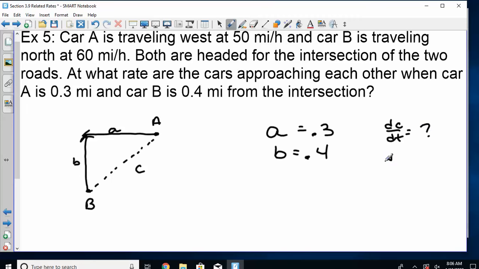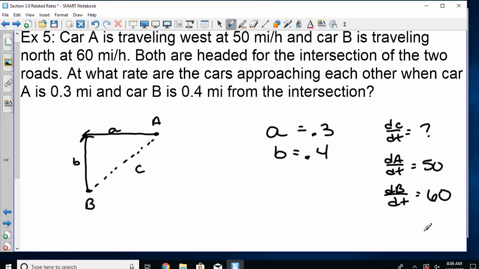Do I know dA/dt? Would that be the speed of each one? So dA/dt would be 50. dB/dt would be 60. Okay.